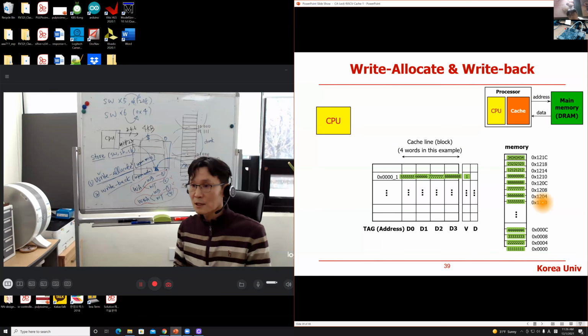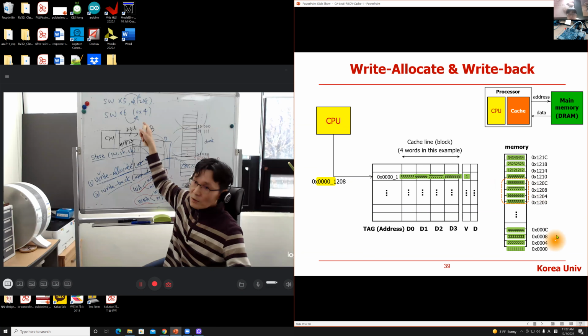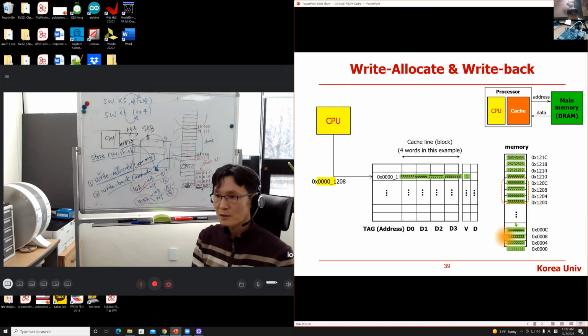So location 1208, that is the memory block. There is a memory block containing the data in 1208. And this one, 04, the first one, is also a memory block.